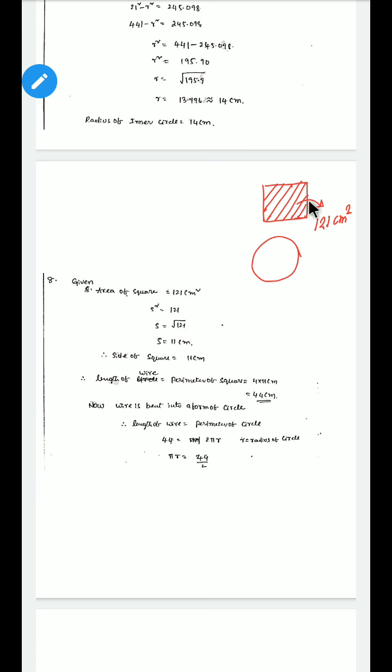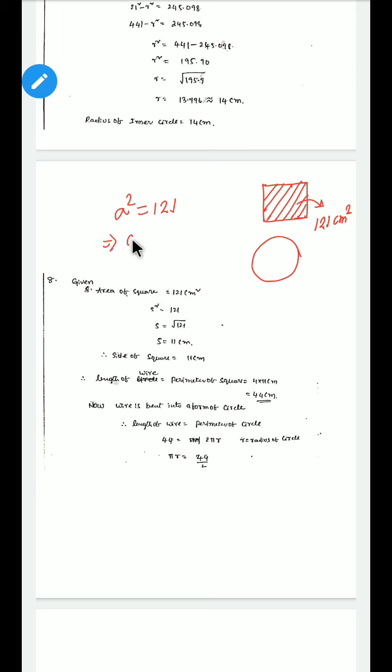Now look at here. At first you have to find out the length of this wire. The area is given for this square. From here you have to find out the length of the wire. You know how to find the area of a square: side square is equal to the area of the square.